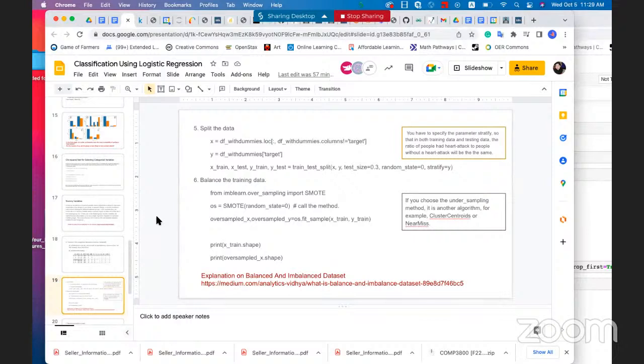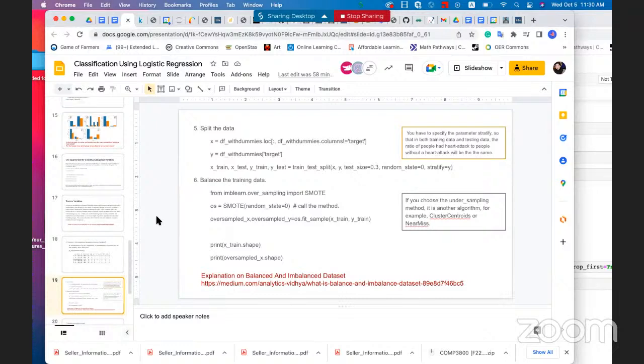One is splitting the data into multiple data sets, and the second one is adding samples or reducing samples to balance the data. So of these 2 steps, which one should go first? Usually we split the data first and only balance the training data.